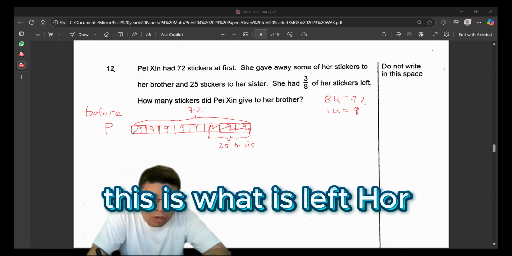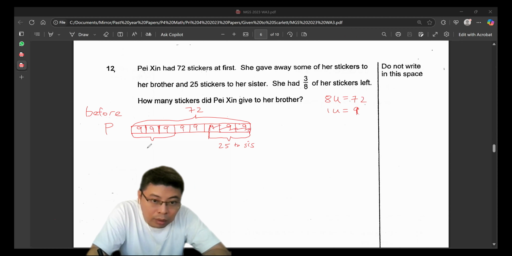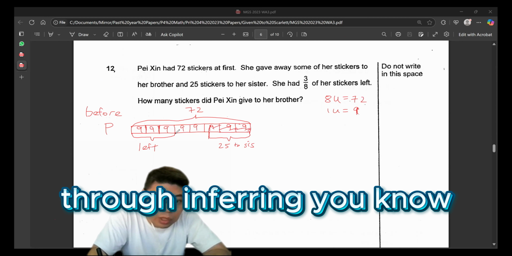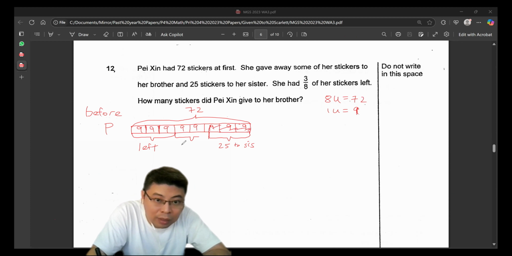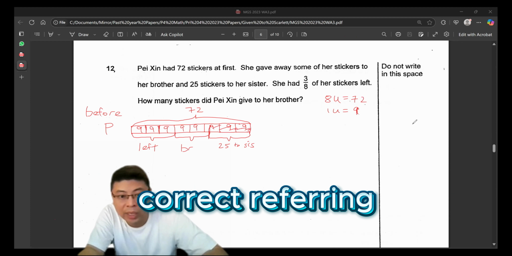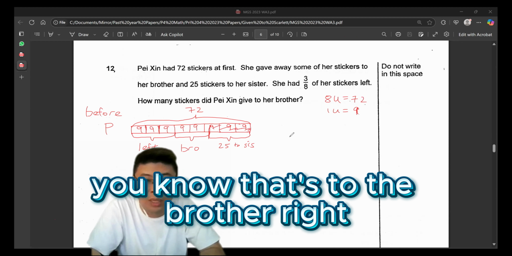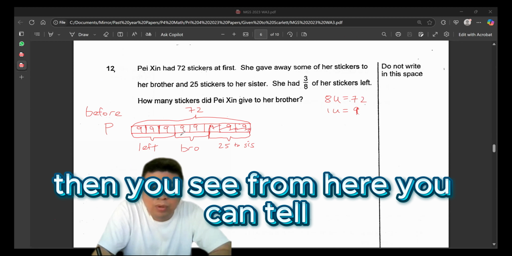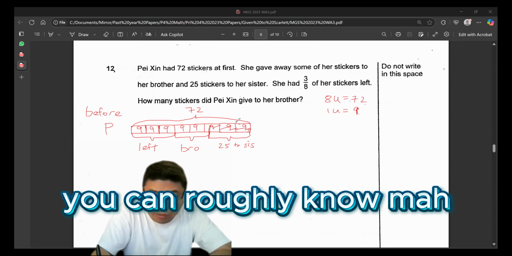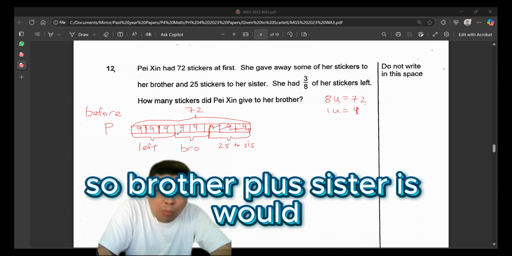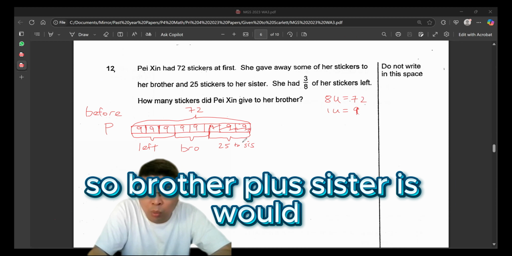This is what is left. Because 3/8 left, you can infer, right? Through inferring, you know this is to the brother, right? So brother plus sister would be 5/8 of the stickers, right?